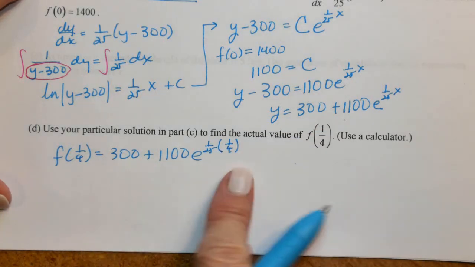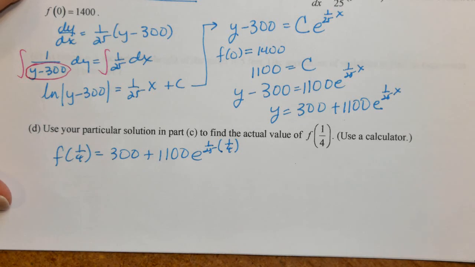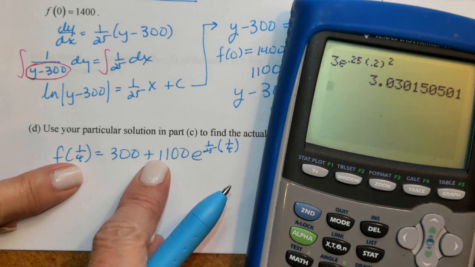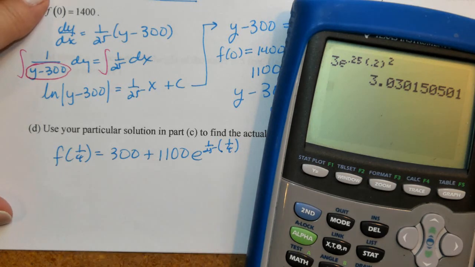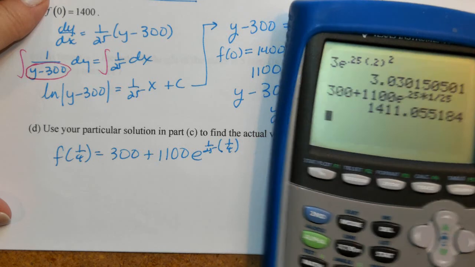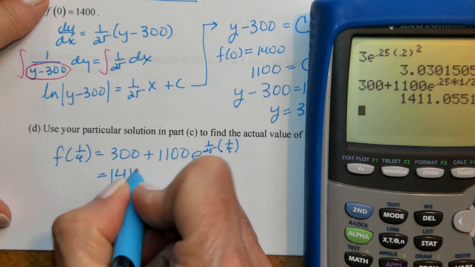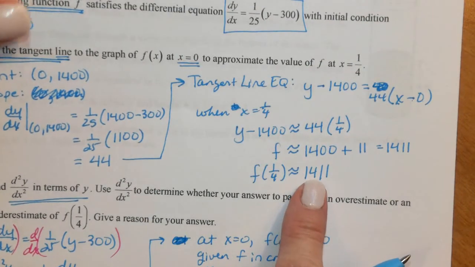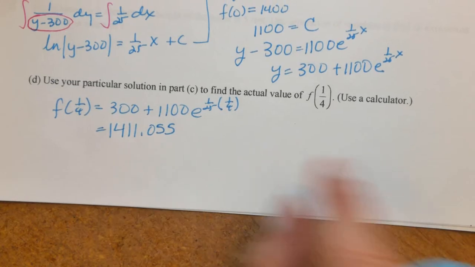They want us to use our calculator so that we can compare our answer here to our answer in part A. So that comes out to be 1411.055. In our answer to part A, we got 1411 using a tangent line approximation. So that's not too bad of an approximation.